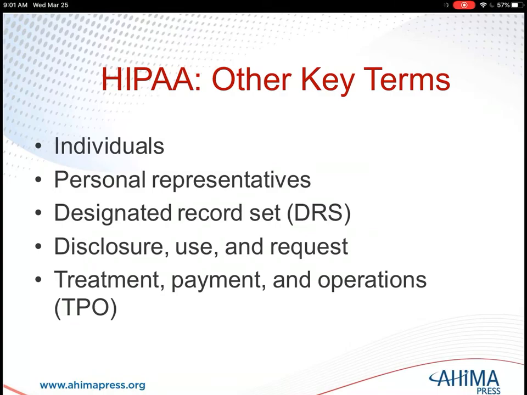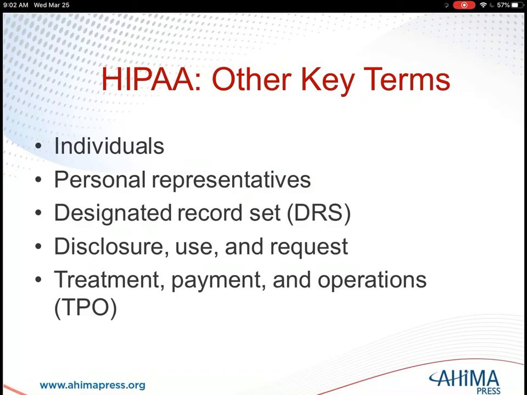It could be enrollment, payment, claims adjudication, and case or medical management. So anything that a covered entity would use to make decisions for that patient. So again, we're not just talking about the legal health record. We're not just talking about the medical information. We're talking about all of it, financial, health, insurance information.